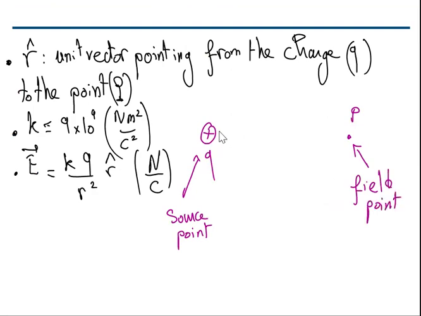What is the vector R hat? The unit vector R hat is from the charge to the point.